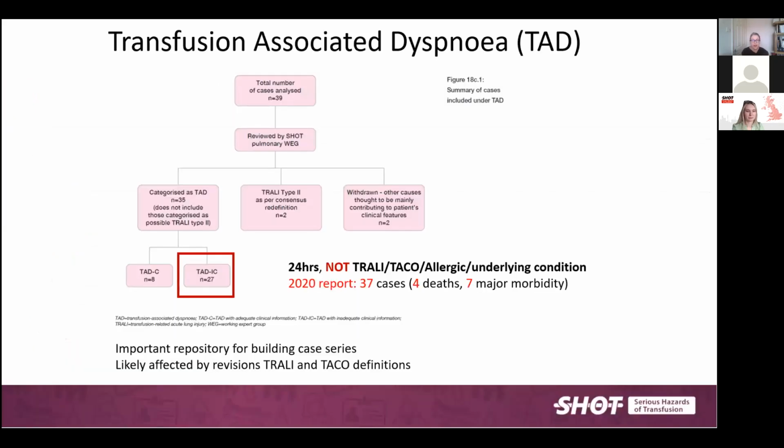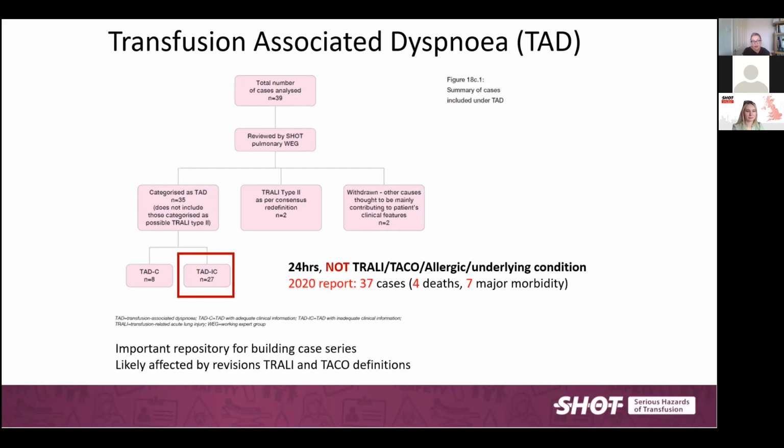So looking at TAD now, transfusion-associated dyspnea, this happens within 24 hours of transfusion, and it is not categorised as TRALI, TACO, or allergic reaction, or something that's to do with the patient's underlying condition. In 2020, there were 37 cases involving 4 deaths and 4 cases of major morbidity.